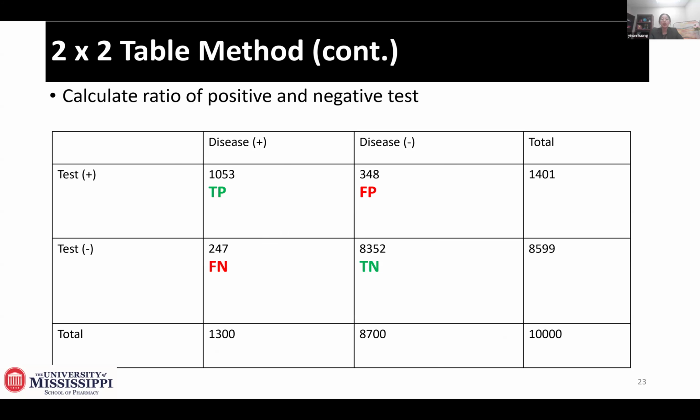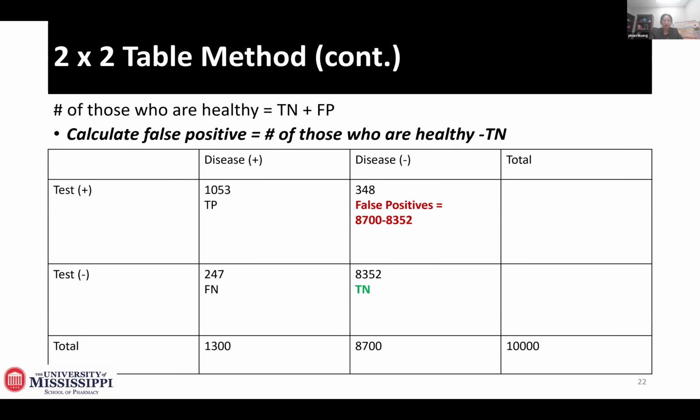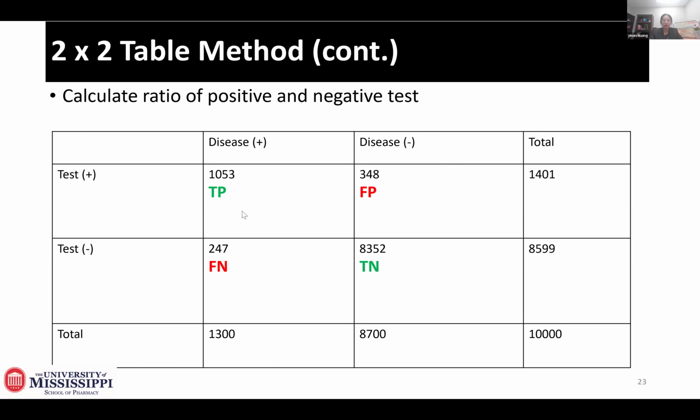Based on the pre-test incidence of the disease and the sensitivity and specificity of the testing tool, we obtain this detailed 2x2 table, including the true positives, true negatives, false positives, and false negatives. Then we can also calculate all the possible positive results and all the possible negative results.